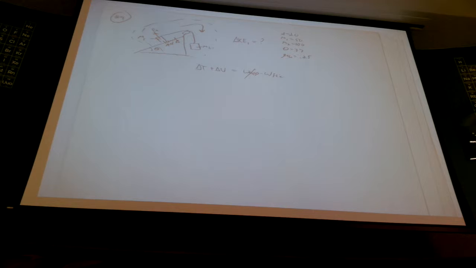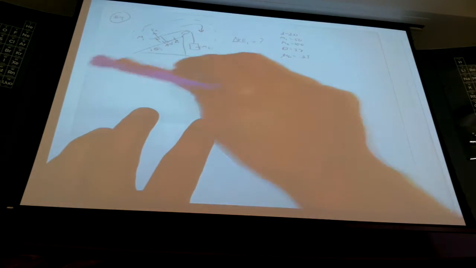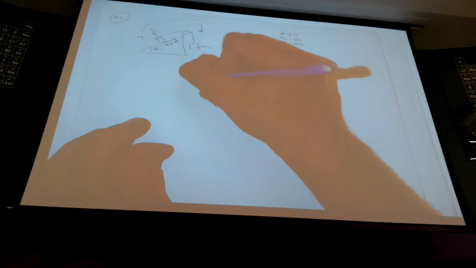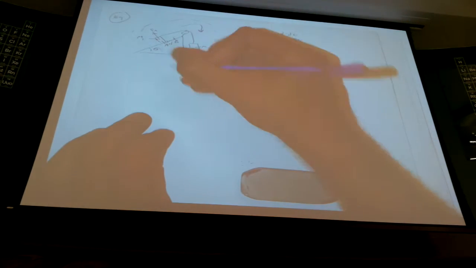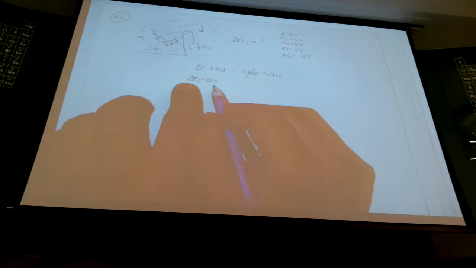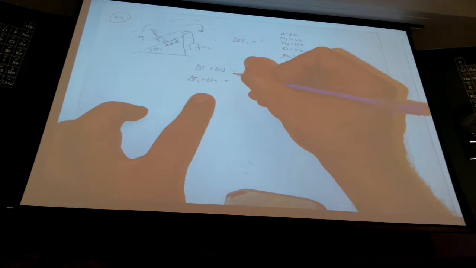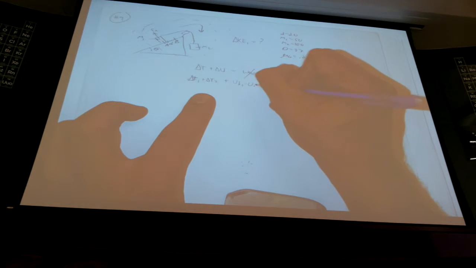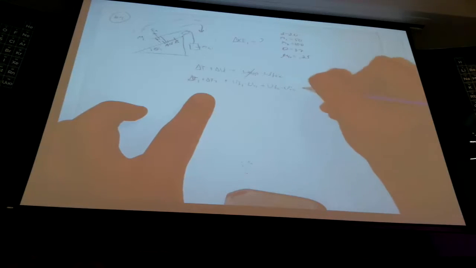Okay? So let me write this: delta K1, delta K2. I might break this up into two different blocks, the change in potential, plus UF1 minus UI1 plus UF2 minus UI2.